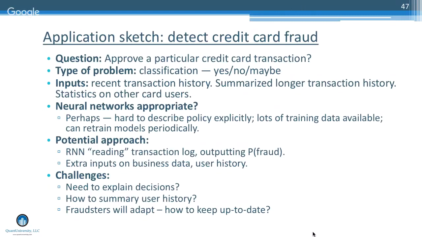But I suspect that at this point, there's probably a big and complicated enough set of rules that it would be tempting to say, you know what, I'm just going to learn from the past history. And we have tons and tons of credit card data if you're Visa. So you might be able to do it.